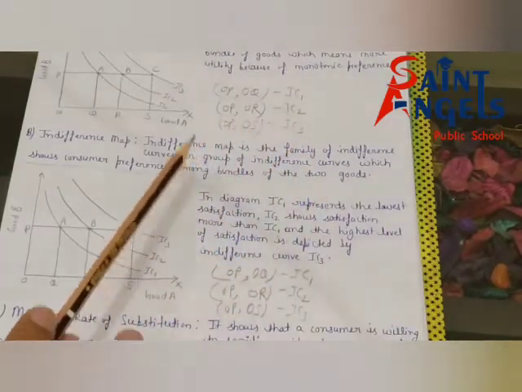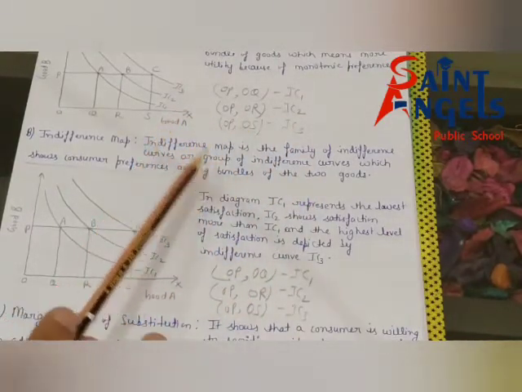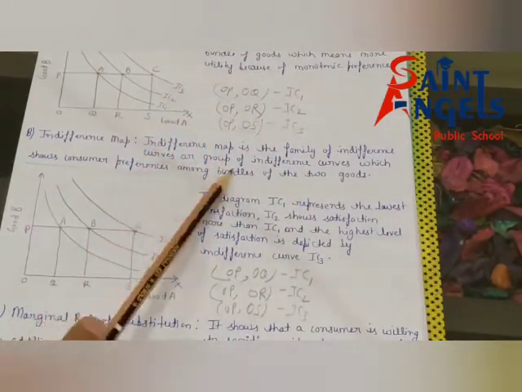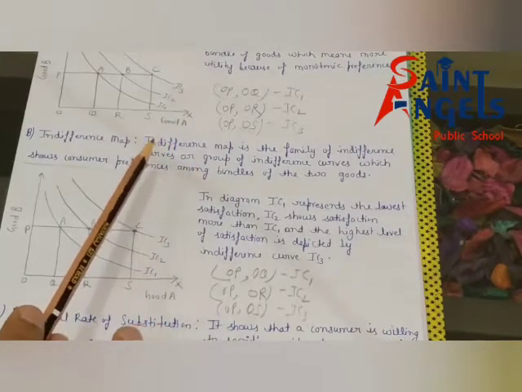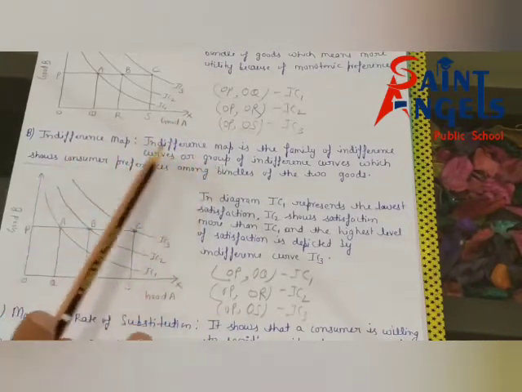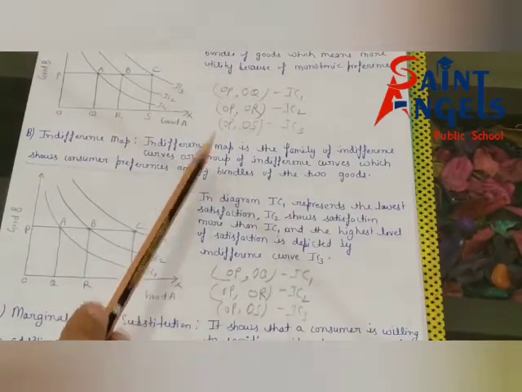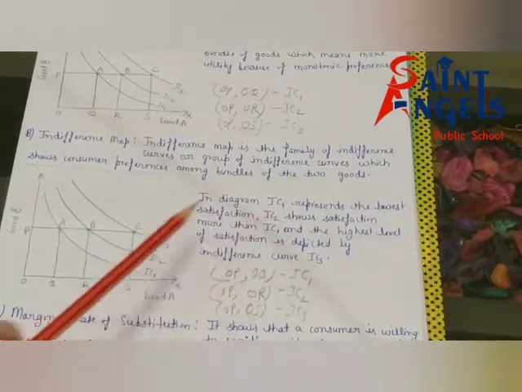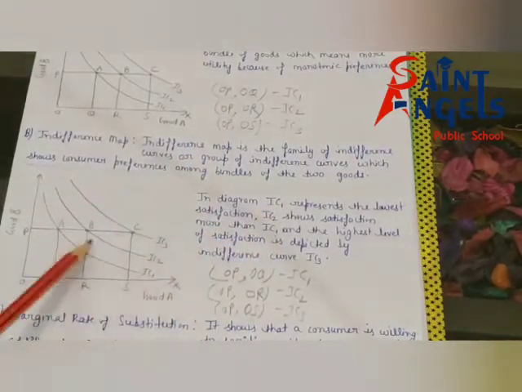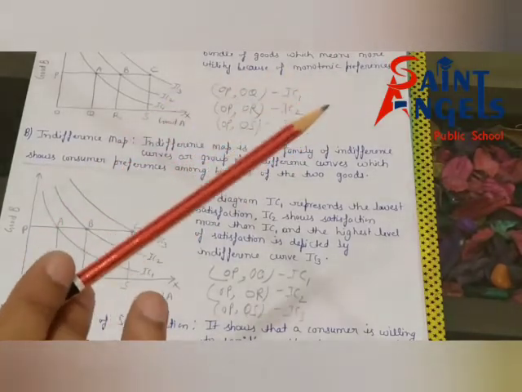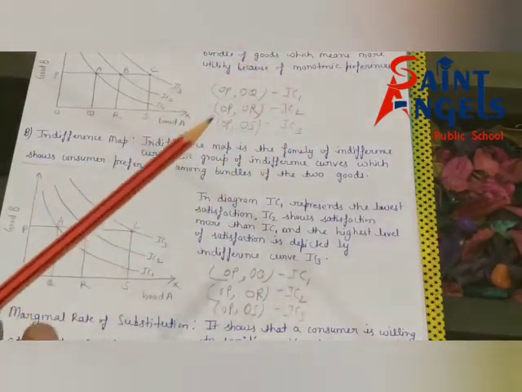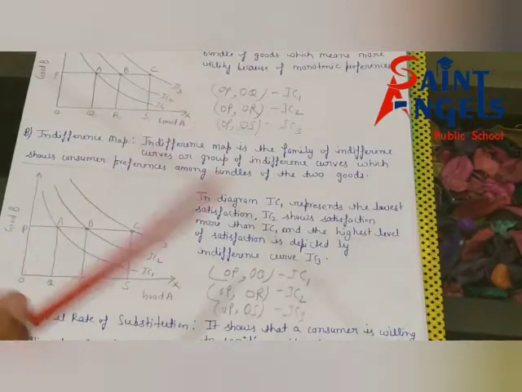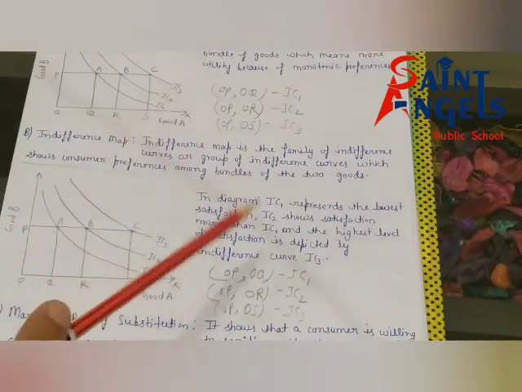It means that first of all you will define the meaning of indifference map. Then after you will explain this concept, means you will show this diagram, because this question has two parts.